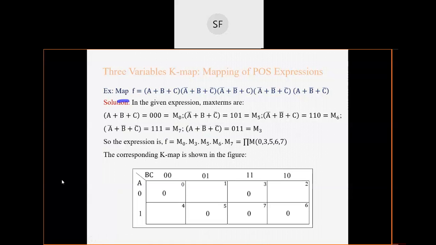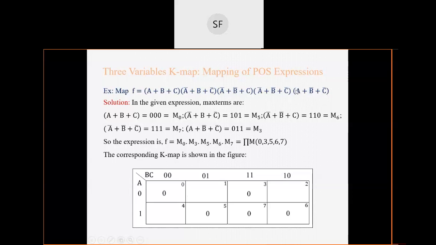Then again, the problems are very important. So a very simple problem is there, that you have to map function f equals to, in bracket, a plus b plus c, then again in bracket a bar plus b plus c bar, in bracket another term a bar plus b bar plus c, a bar plus b bar plus c, and then a bar plus b bar plus c bar, and the last bracket, that is the last sum term, is nothing but a plus b bar plus c bar.